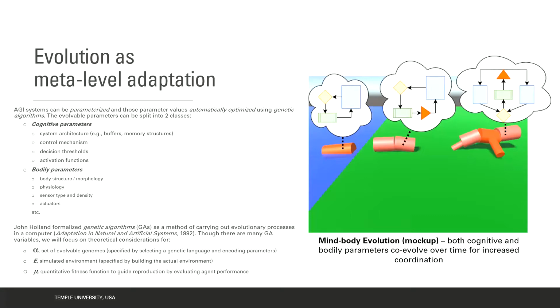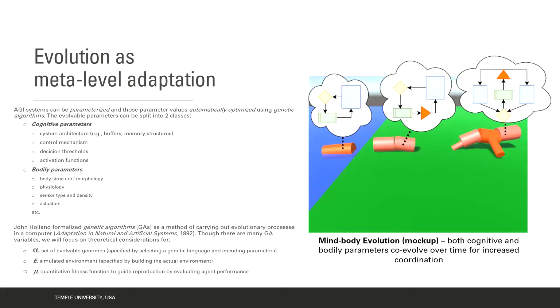And so these evolvable parameters can be roughly split into two different classes, where you have the cognitive parameters, which are things like the system architecture, including the buffers and the memory structures, also the control mechanism and its function, decision thresholds, scalar values, and activation functions. Whereas on the other hand, bodily parameters, or the parameters for embodiment, are things like the body structure for the agent or its morphology, its physiology, its sensor type and density for various sensors, and also its various actuators.